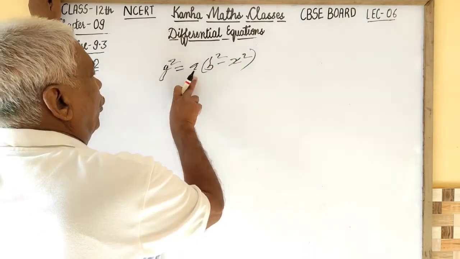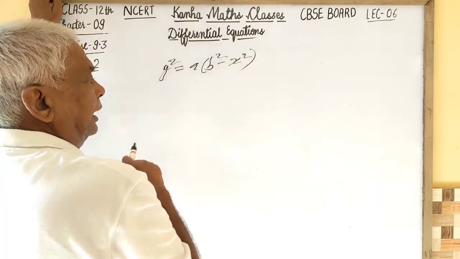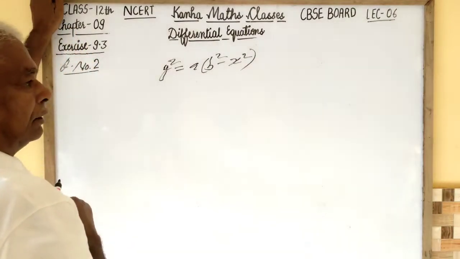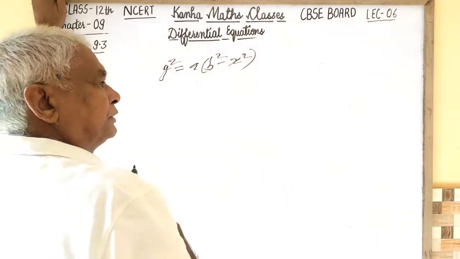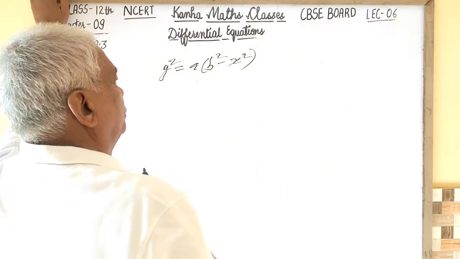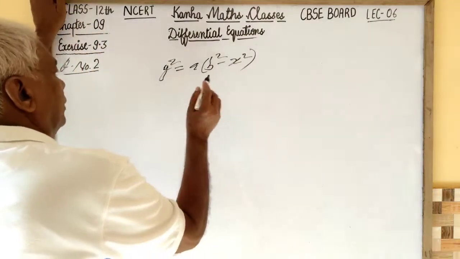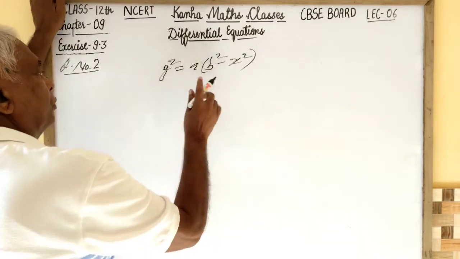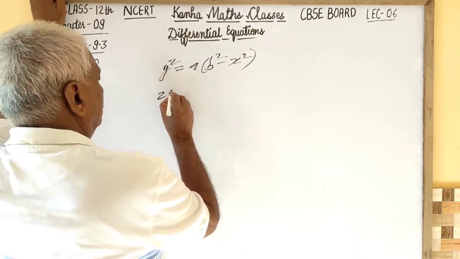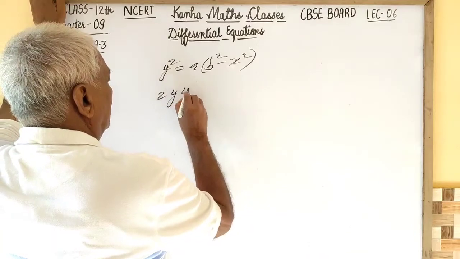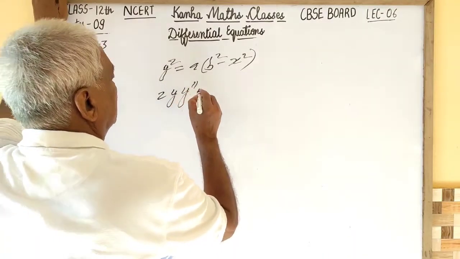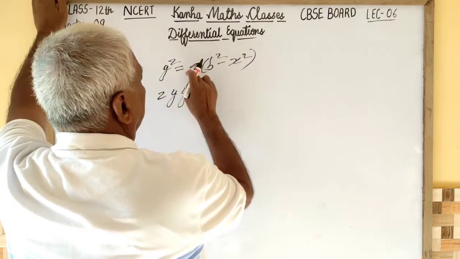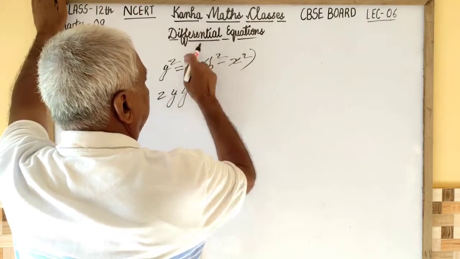Here we have two arbitrary constants a and b. Hence, the order of the differential equation should obviously be equal to 2. First of all, taking the derivative of both sides, this will be 2y dash.